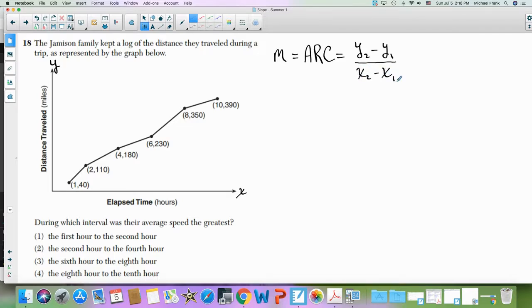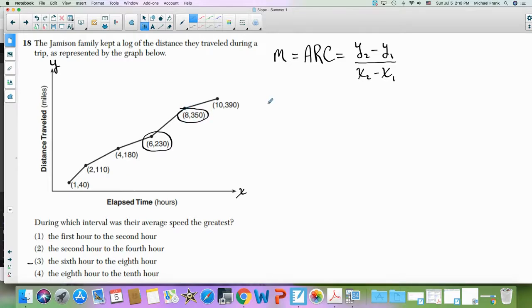So let's just take one of these, and I'll let you do the rest on your own. Let's go between the 6th and the 8th hour. Why not? Let's just go with number 3 and try to figure out what the average rate of change was between the 6th hour, meaning this point right here, and the 8th hour, this point right here.